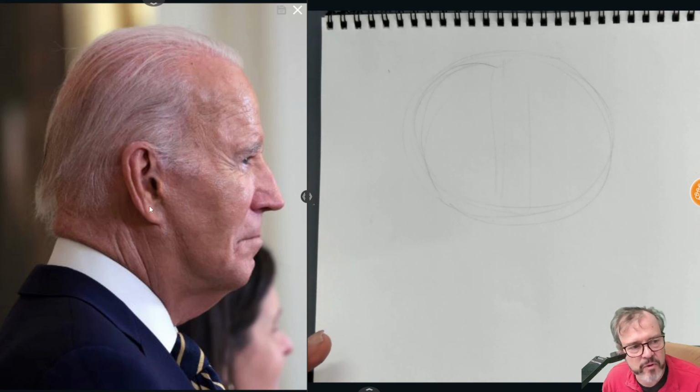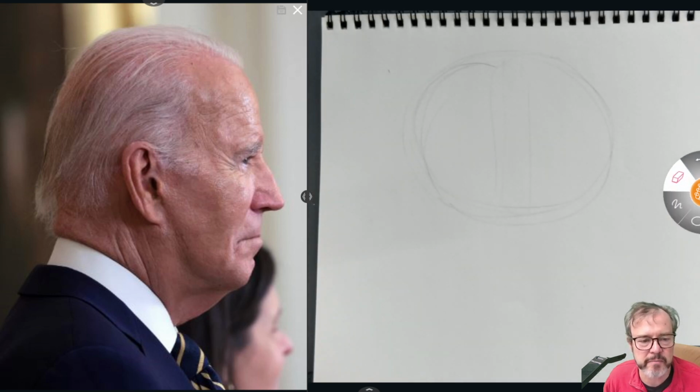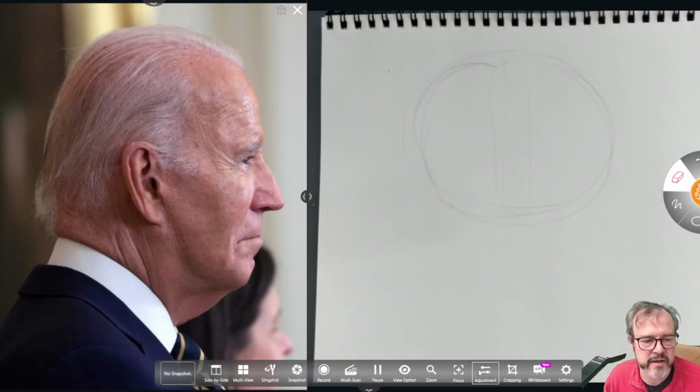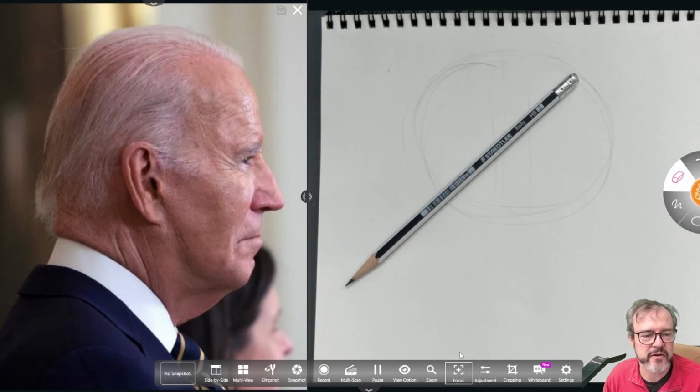I was kind of reading the bottom of his cranium a little bit lower than it actually is. And one thing that threw me off is the length of his ear. As I've probably told you before, ears continue to grow throughout the entire lifespan. So you can count on your ears getting slightly larger for every year that you're alive.